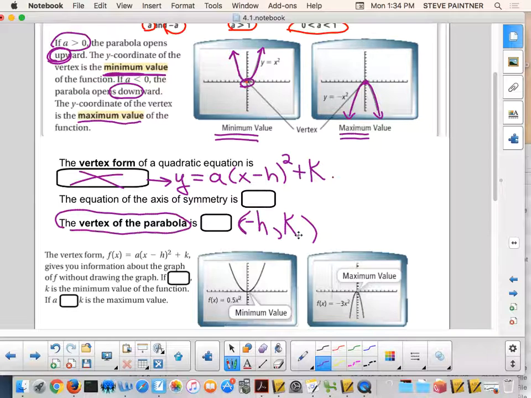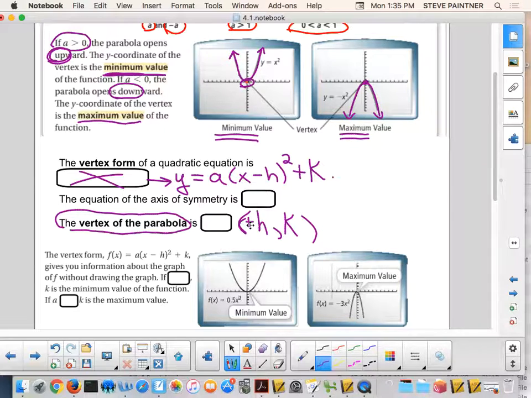Wouldn't it be h, k? Because negative goes right. Okay, let's just pretend. If this said x minus 5, what would you tell me to do to the parent? Right 5. So you'd put what here? Positive h. You put a 5. You just put the 5 there. It is just h, k. So whenever you want to know the vertex, and it's in this form, you just say h comma k.